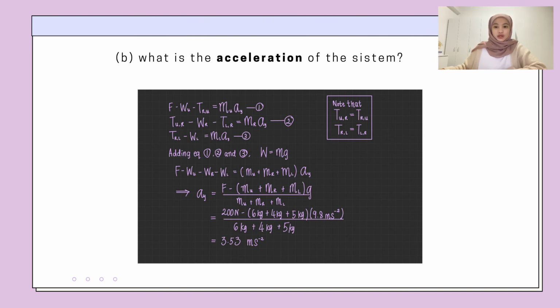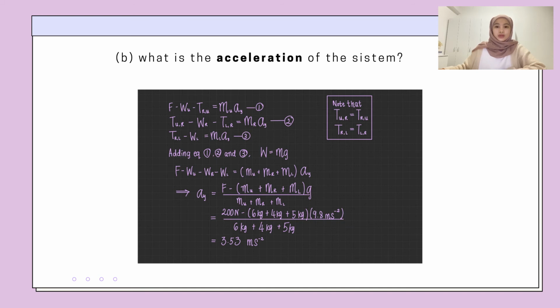Second, application of Newton's second law to the heavy rock gives T_UR minus W_R minus T_LR equal to M_R a_y. And application of Newton's second law to the lower block yields T_RL minus W_L equal to M_L a_y.